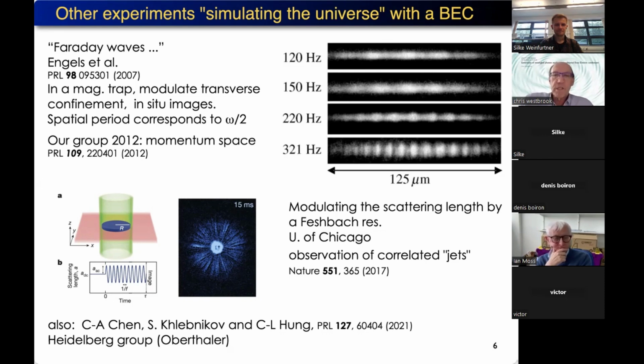But I also want to mention that in the meantime, there have been some interesting results obtained by modulating the scattering length in an interacting condensate. There are several groups that have a disk-like geometry, as is shown in this picture here.